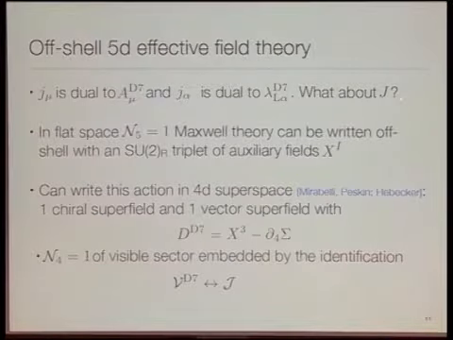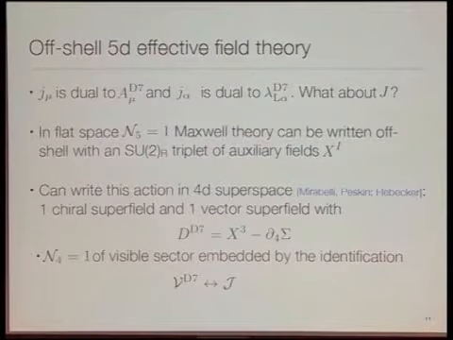What was at least a little confusing to me is that this J is somehow dual to this off-shell field. So what we can do in flat five-dimensional space is write the Maxwell theory off-shell in terms of an SU(2)_R triplet of auxiliary fields. So N=1 in 5D exhibits some SU(2)_R symmetry, and there's an auxiliary field that transforms as a 3.